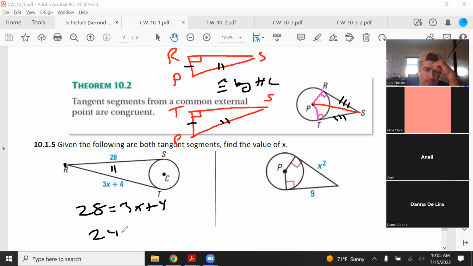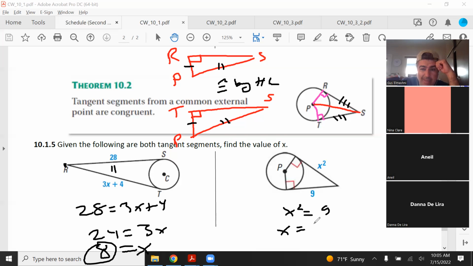So 24 equals 3x. X is 8. Likewise here, x squared equals 9. X would be 3. Actually, technically, it could be -3 also, because -3 squared does get you 9.